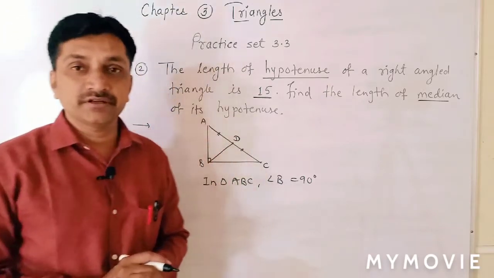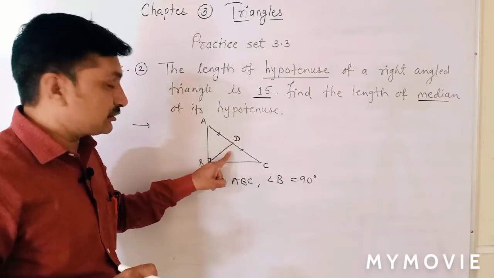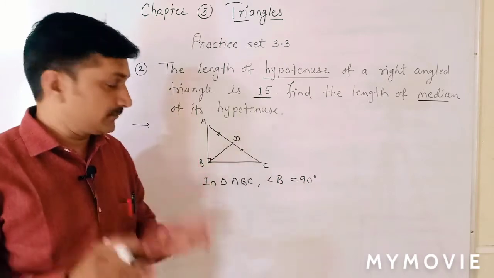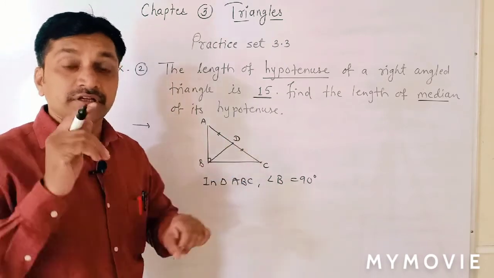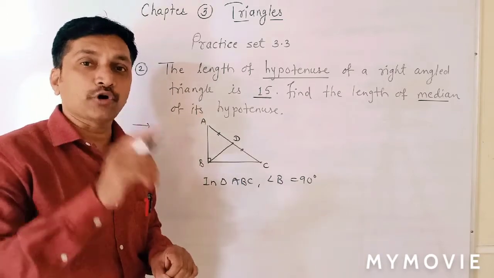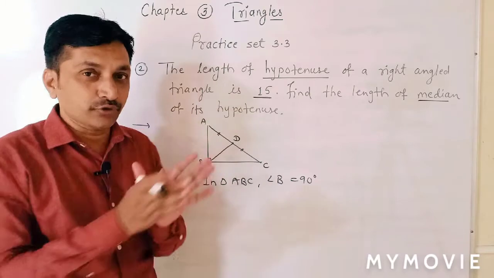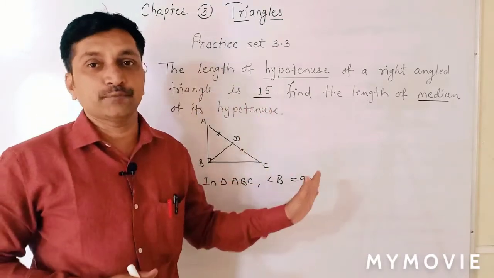Now one property is there. The property is that the length of the median of the hypotenuse is always half of the hypotenuse. Whatever the length of the median is, it is always half of the hypotenuse.